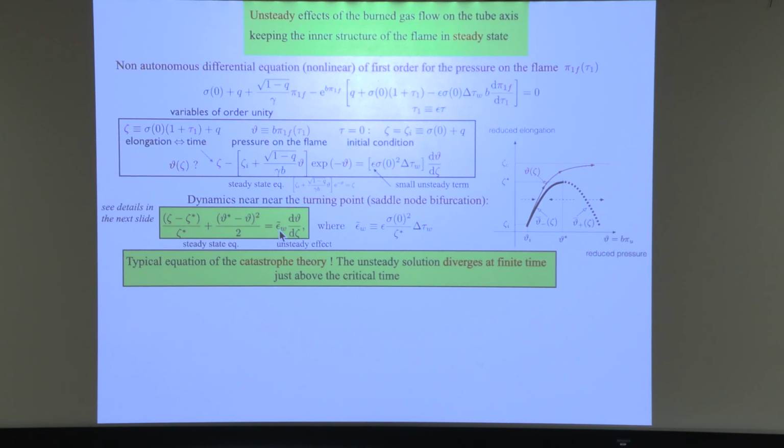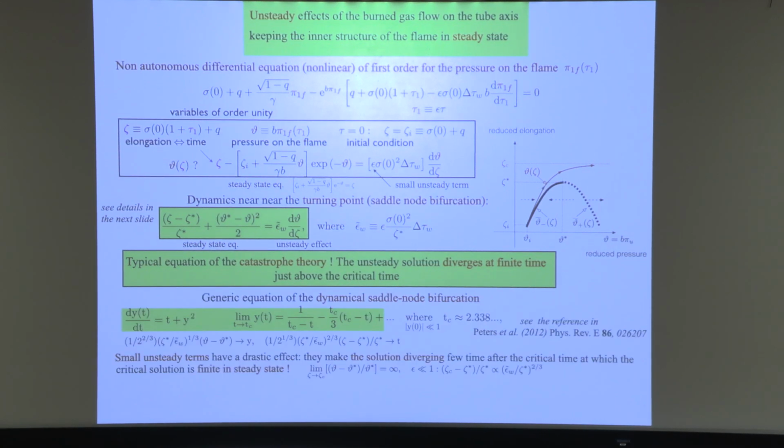And it turns out, as I have explained to you, that if you replace nu star minus nu by y, and you replace this elongation by t, when you reduce everything, you have an equation of the type dy over dt equals t plus y squared.